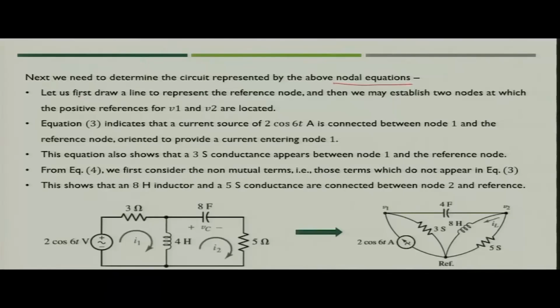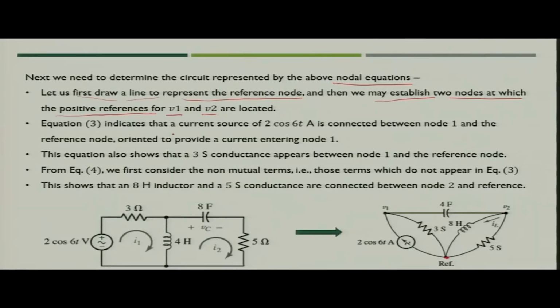First, we will draw a line to represent the reference node, because a reference node is anyway required, and then we mark two nodes at which the positive references for V1 and V2 are located. Since we are using I1 and I2, the duals of them would be V1 and V2.